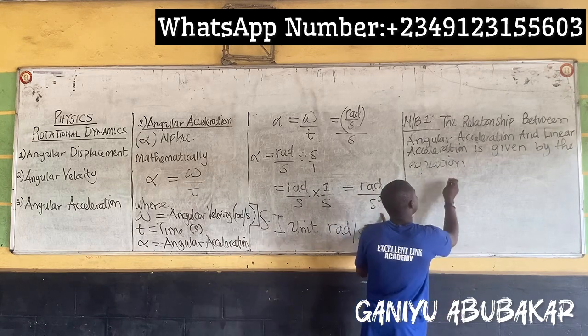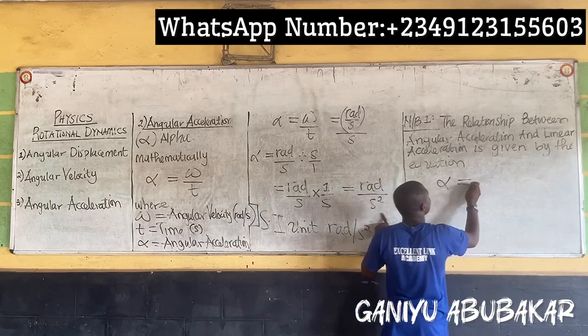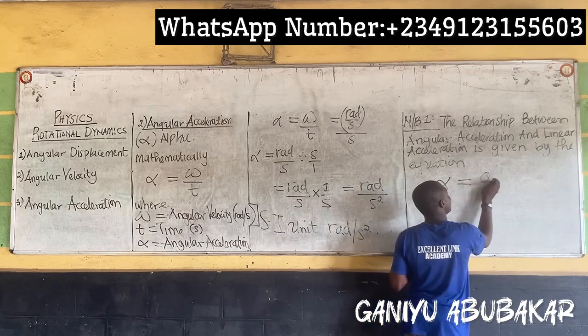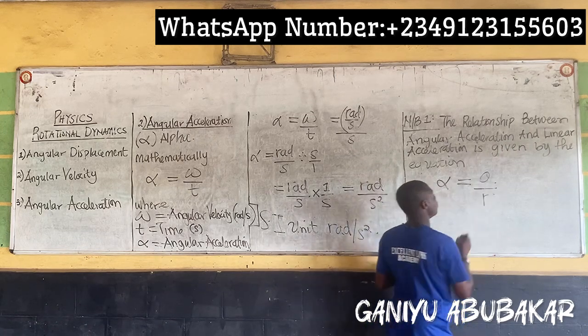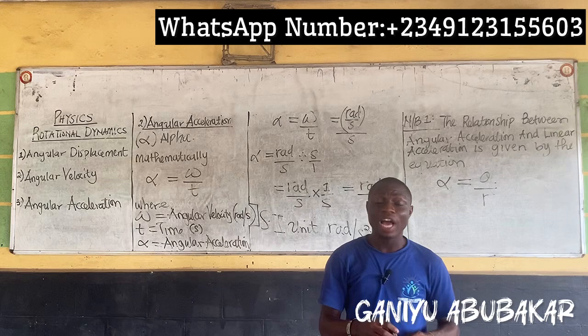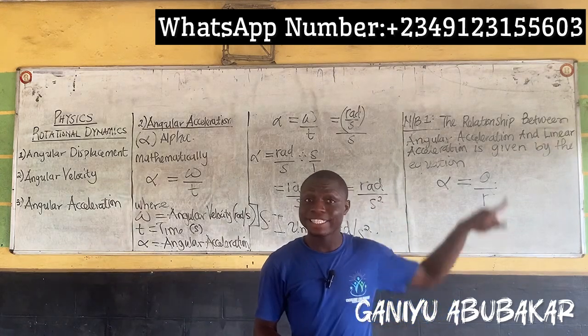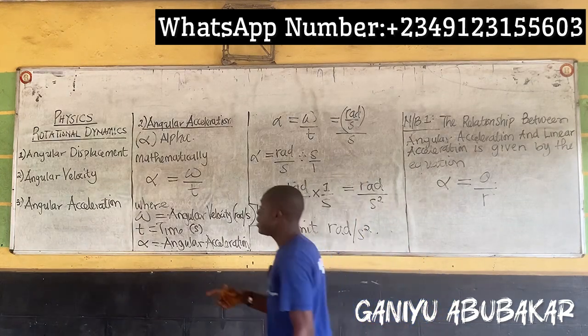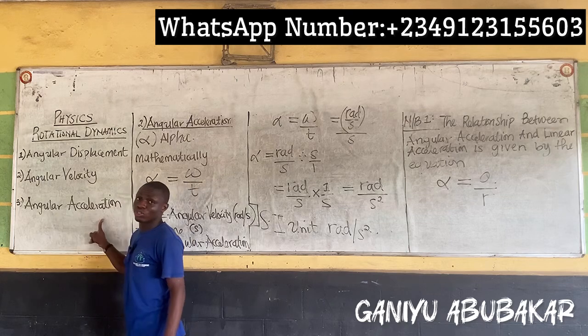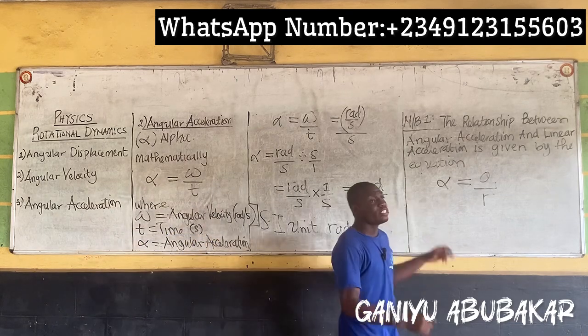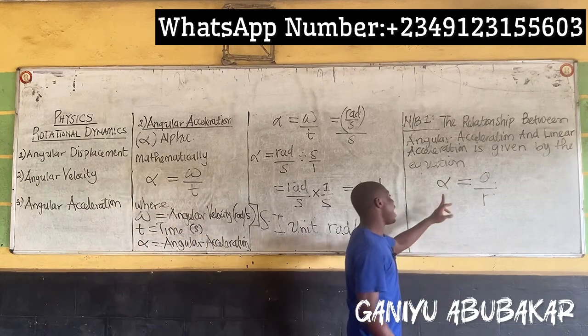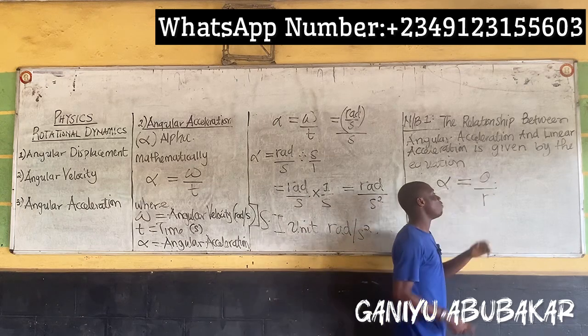The relationship between angular acceleration and linear acceleration is given by the equation: angular acceleration alpha is equal to linear acceleration, that's a, all over r. We know we have acceleration a in physics, and angular acceleration is alpha. The relationship is alpha equals a over r.